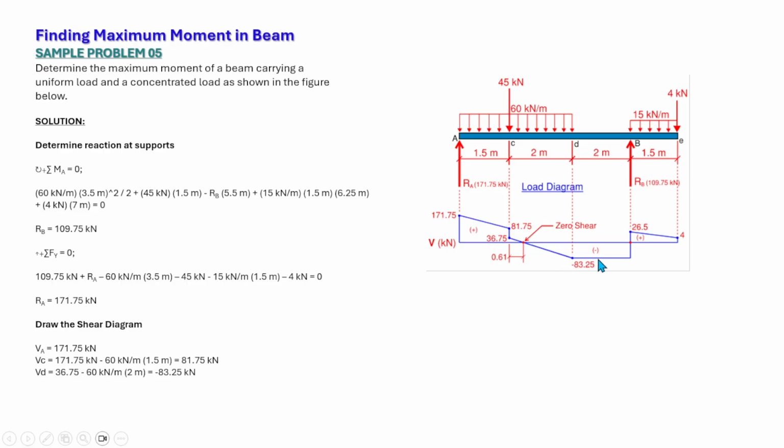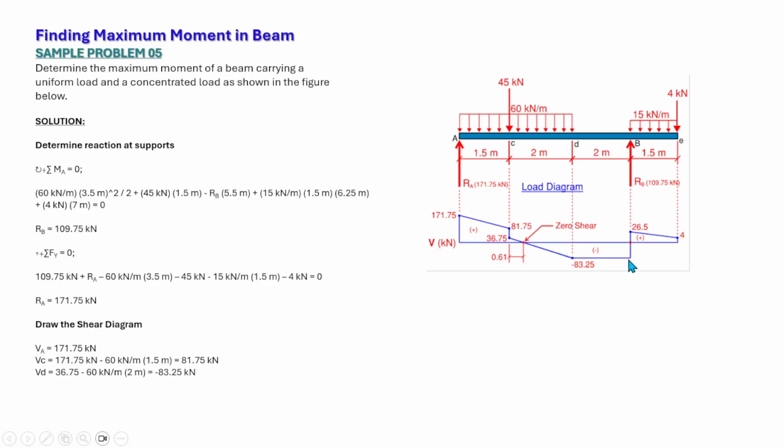From point D to B, there is no load, so the shear is constant. Meaning if you cut any section between D and B, the shear is constant.